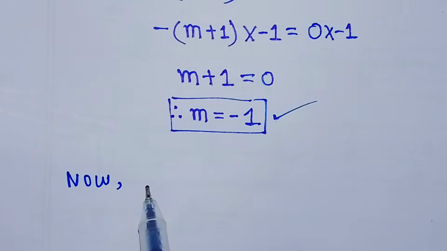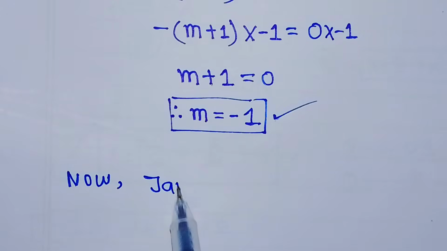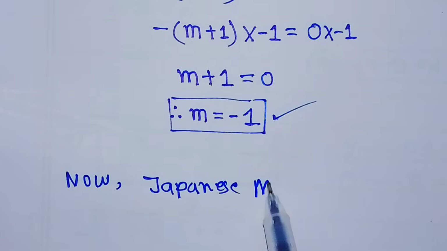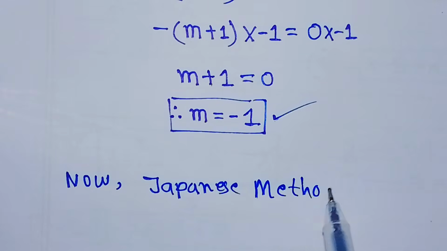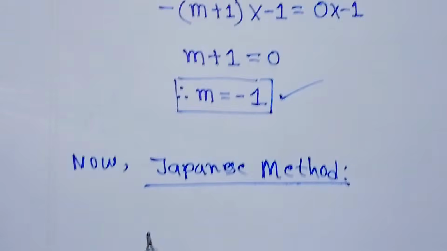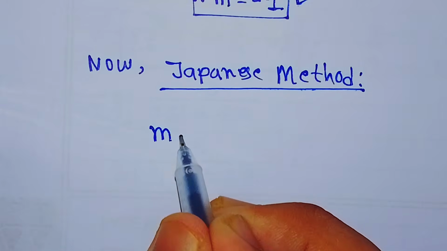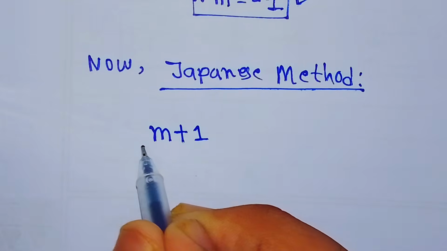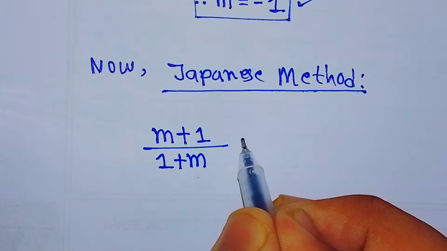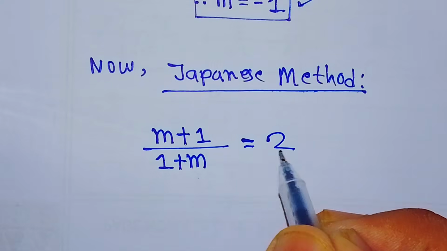Now we will try the Japanese style mathematical method to solve this algebraic equation. So carefully look here and give your attention. The given equation we get from the question was (m + 1)/(1 + m) is equal to 2.